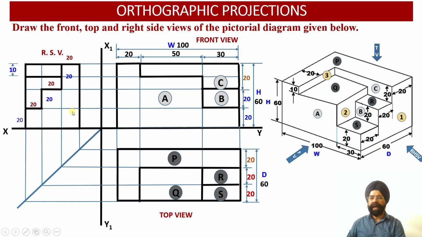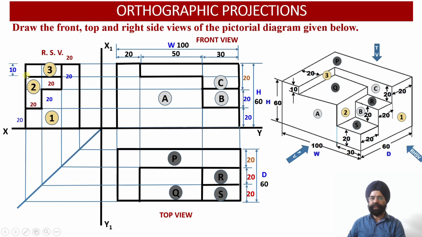So let me do the marking. This is my surface 1, which corresponds to 3 steps which are visible from the right hand side. Each step has width and height equal to 20 millimeter. Then this is the remaining portion visible from the right hand side, my surface 2. And finally this surface, after 20 millimeter depth, there is a depth of 40 millimeter and height equal to 10 millimeter.